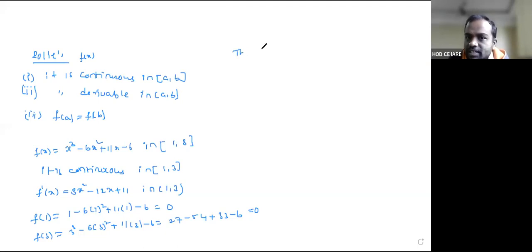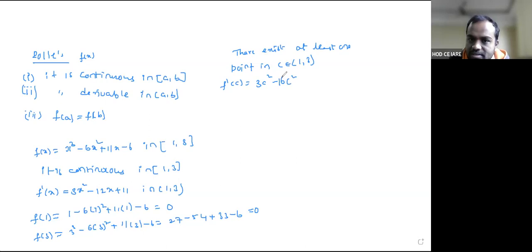So there exists at least one point c in the open interval of 1 comma 3 such that f dash of c is equal to 3c square minus 12c plus 11, equal to 0.